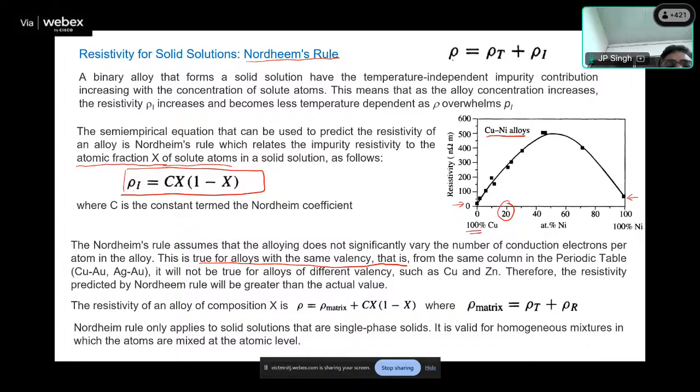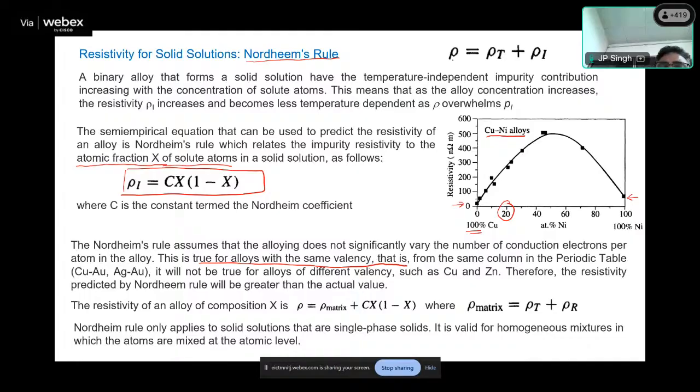So this part will be the resistivity because of the impurity, because you introduced the impurity, and now the nickel will be the impurity. If I have a solution with 20% nickel and 80% copper, then the 20% nickel is the impurity here, since I started with 100% copper.